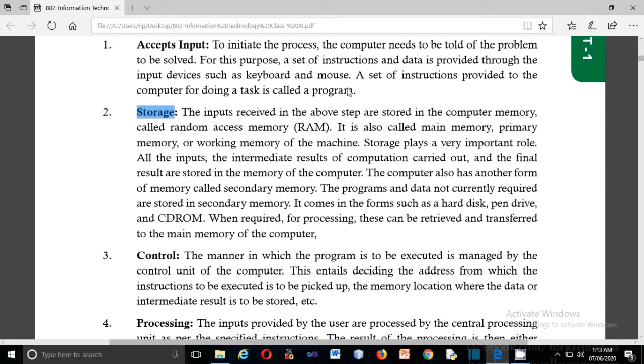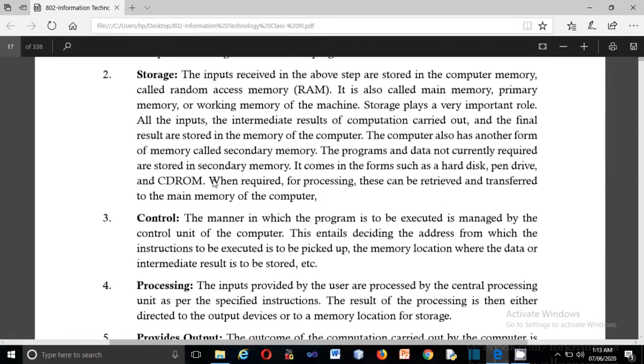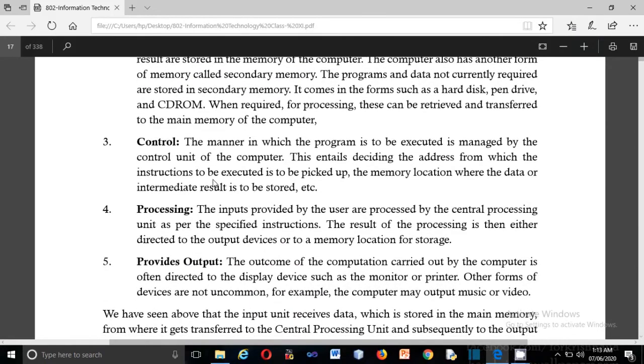This is also called the main memory, you can see it here, or the primary memory, which is the working memory of the machine. Every task which we need to process will first come into the RAM. After that, the control unit controls all the processing, because the CPU has many features inside it.